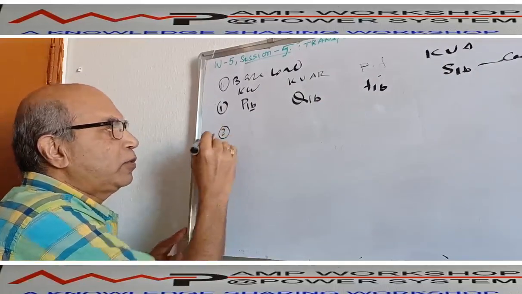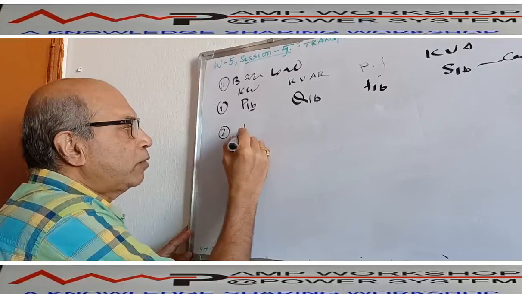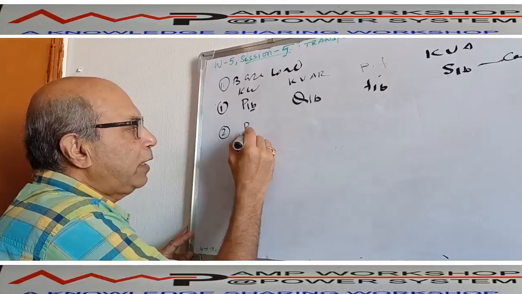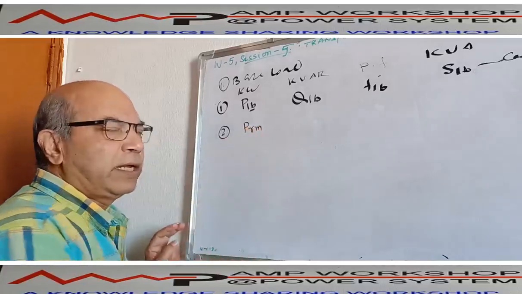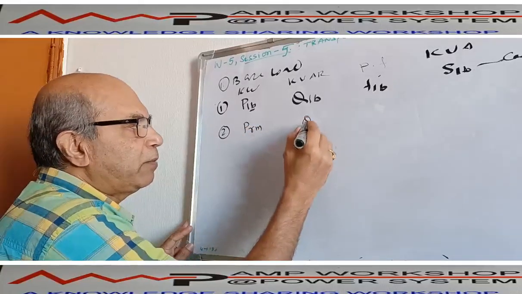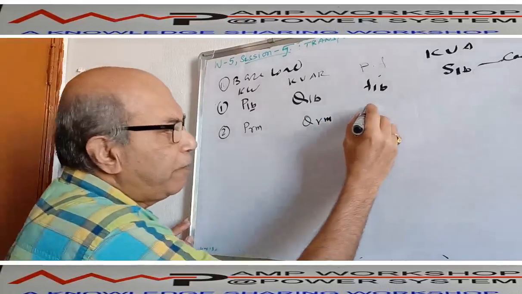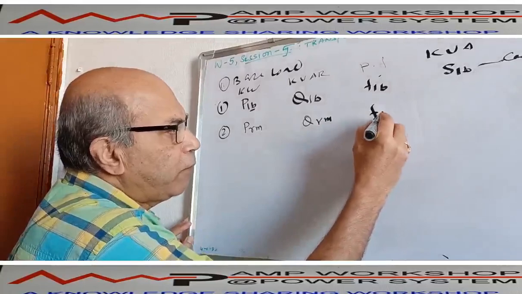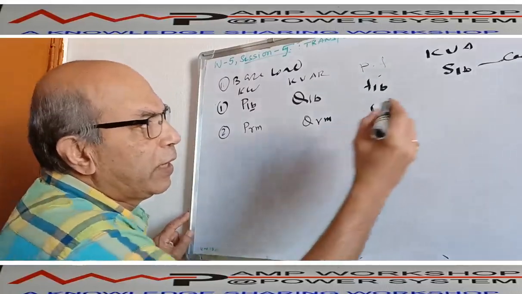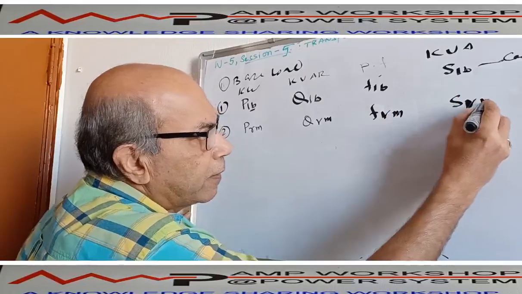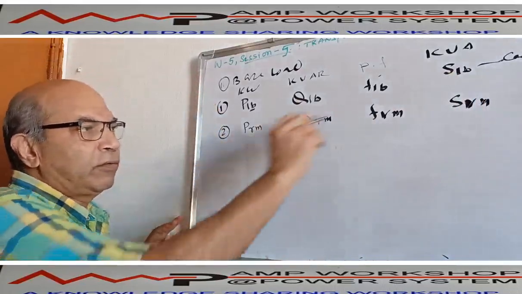Second, for the motors, we know the motor kilowatt. So we will call it motor running kilowatt, PRM. Q we will use for motor running kVAR, and F1RM for motor running power factor, and then motor running kVA, which we can calculate.